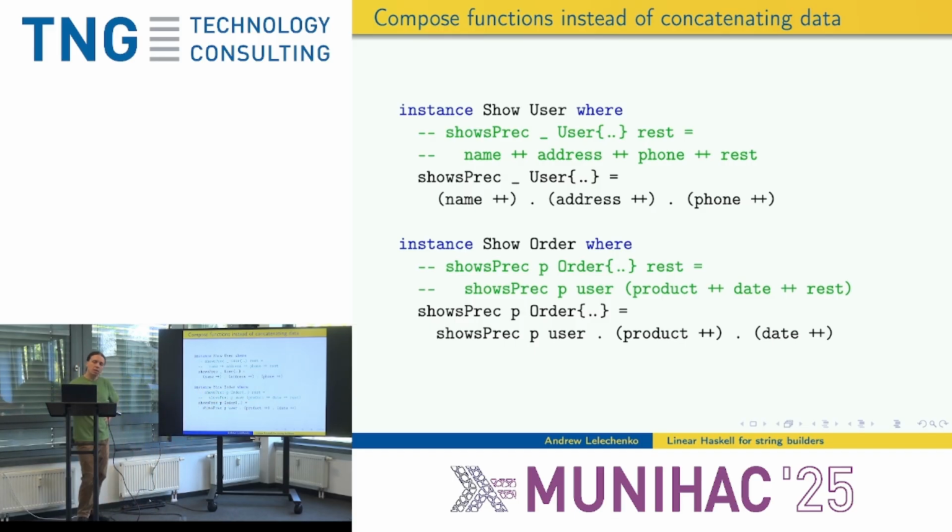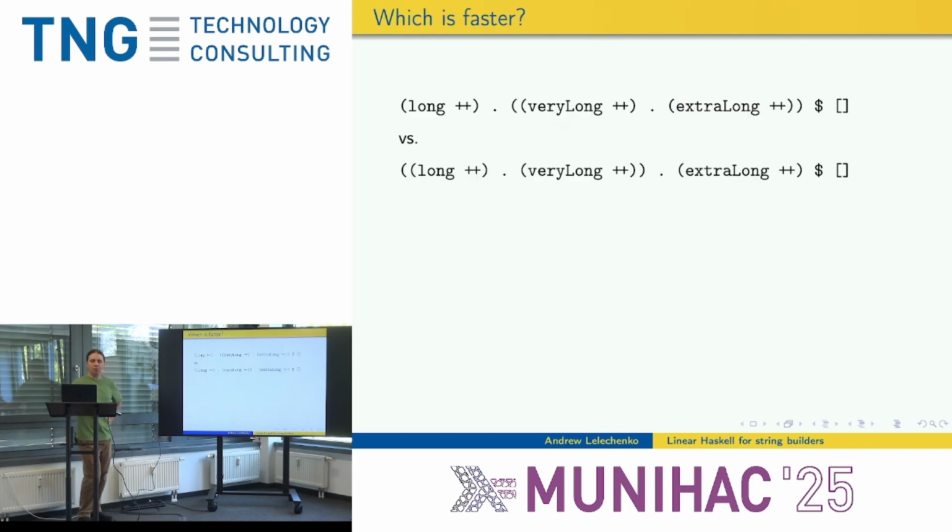And a neat thing about function composition, and kind of actually deeply magical, is this. We just discussed how important it is to associate to the correct side. So which of these snippets works better?